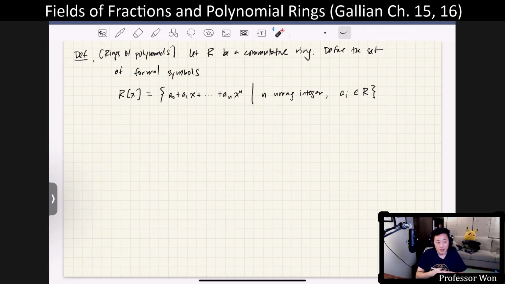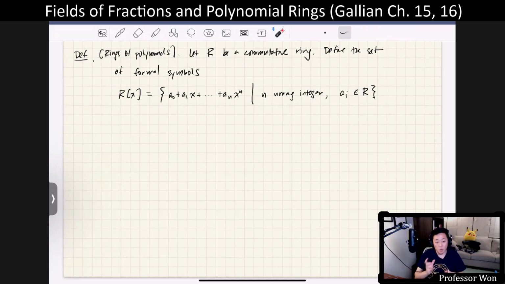So for example, one of the formal symbols that we've just defined is the symbol 1 plus x. That's a0 is 1, a1 is 1, as long as R is a unital ring. What we're saying when we say that it's a formal symbol is that we're not assuming anything at the beginning about how the different symbols are related to one another.